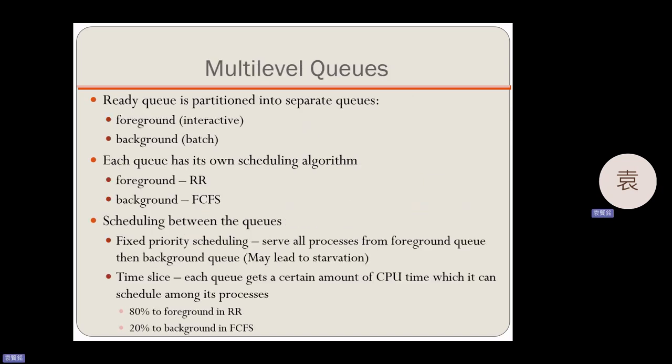Sometimes it's difficult to schedule all the processes according to one particular scheduling policy, because the characteristics of the tasks, threads or processes may be very different. So another interesting scheduling policy we call multi-level queues.